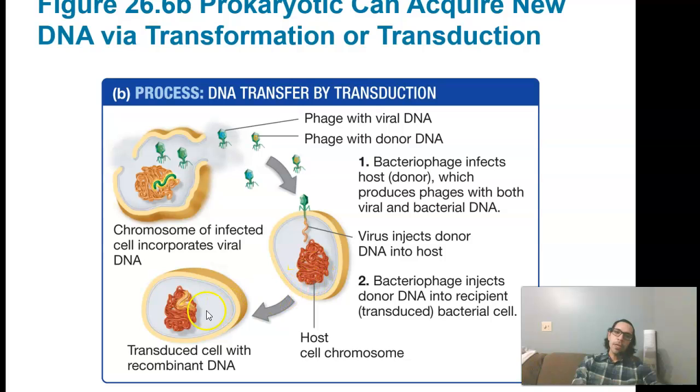Okay, and then we have a transduced cell with recombinant DNA. So one more time, the bacterial phage is a type of virus that infects either bacteria or archaea, and it also uses them for reproduction.